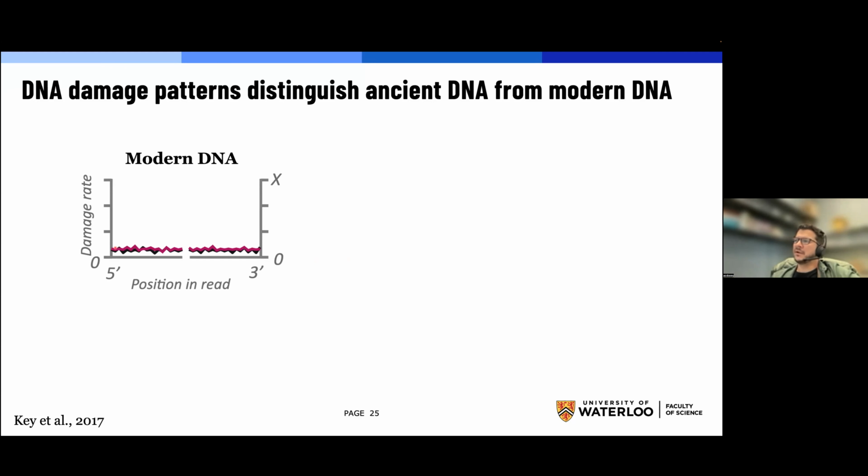Now, because of cytosine deamination, ancient DNA tends to have more errors that accumulate near the edges of reads than modern DNA.